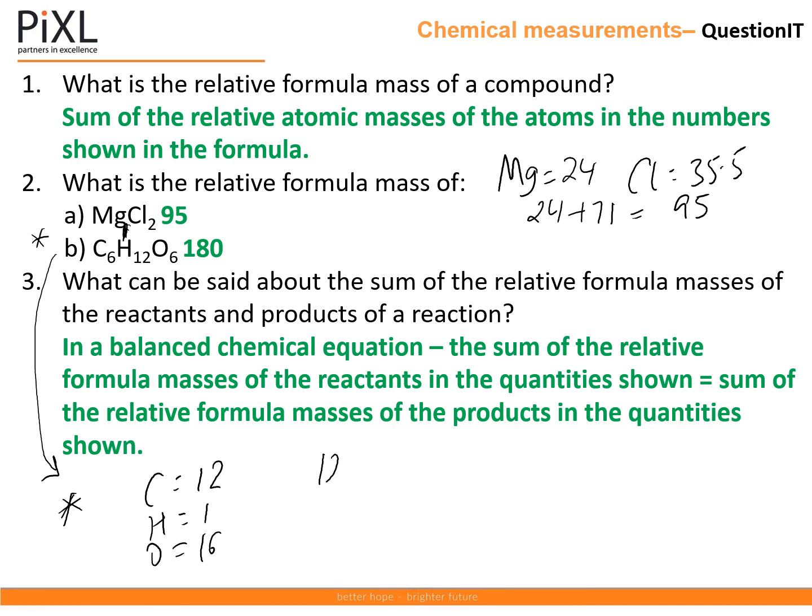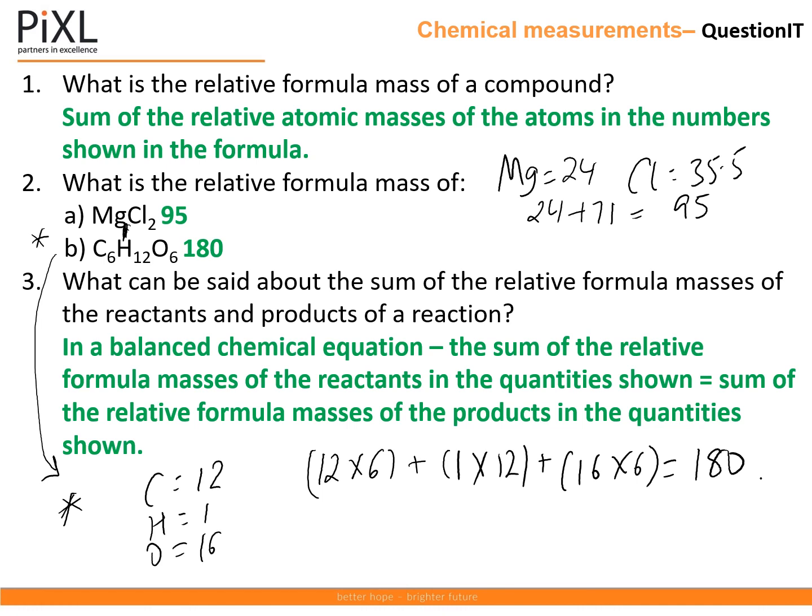So I've got 12 times 6 for carbon, because I've got 6 on the bottom, which tells me there are 6 atoms there. For hydrogen it is 1 times 12, because I've got 12 of these, and for oxygen I've got 6, so I do 16 times 6. If I add them all up, it gives me 180. So that's how you calculate the relative formula mass.